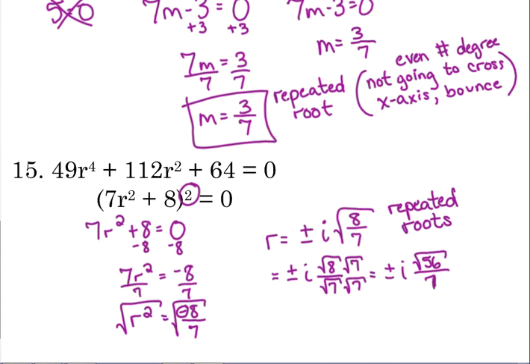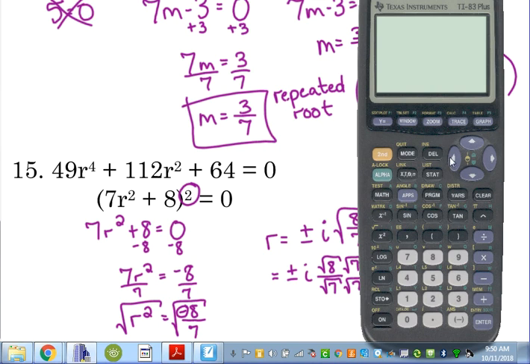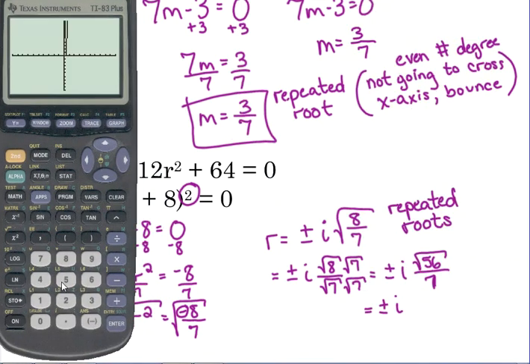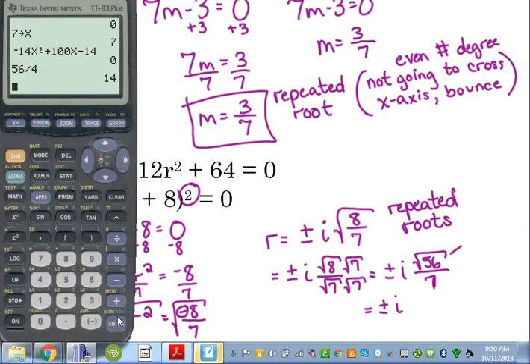56 is, let's see here, we need a perfect square that's a factor of 56. Is 4. Is there anything greater than 4? 56 divided by 4 is 14. So yeah, that's it. 56 is 4 times 14. So the square root of 4 is 2. 14 is not a perfect square.